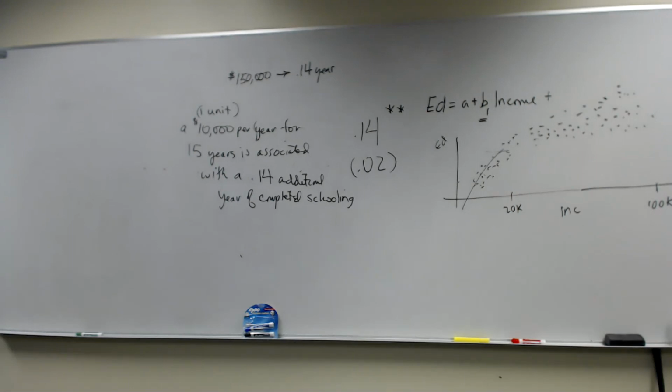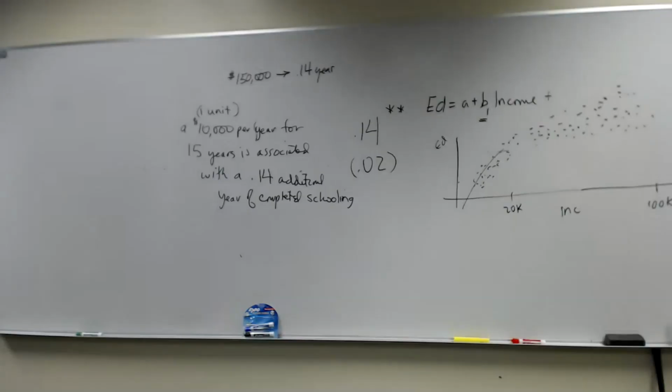Greg, go ahead. Sorry, I feel like I'm always interrupting you. I was wondering if I can ask a clarifying question. Sure. In the Allison reading, he said that we should typically start with assuming a linear relationship, because you have no other reason to believe that it shouldn't be linear.